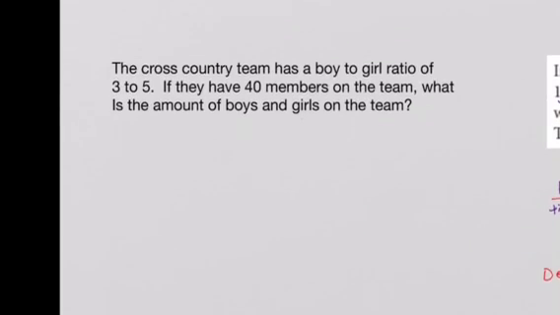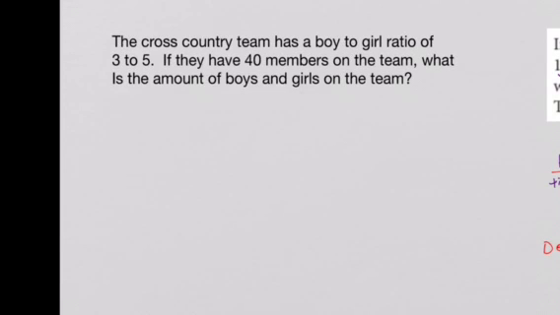Now let's take a look at a word problem proportion that's a little bit different. So this one says a cross-country team has a boy-to-girl ratio of 3 to 5. If they have 40 members on the team, what is the amount of boys and girls on the team? So to do this, of course, we're going to write a proportion, which means we always start with our 3 fractional lines.